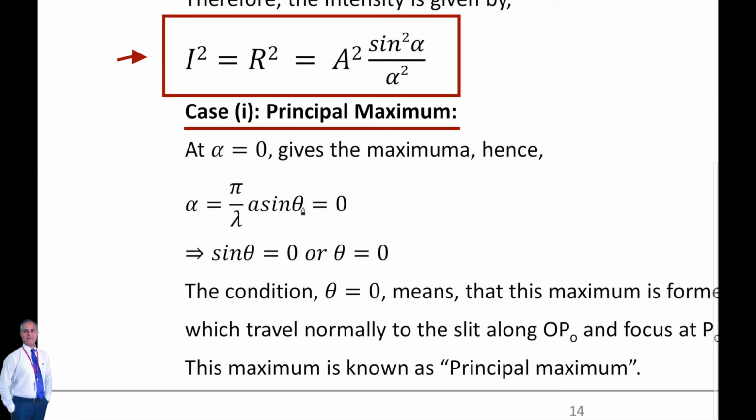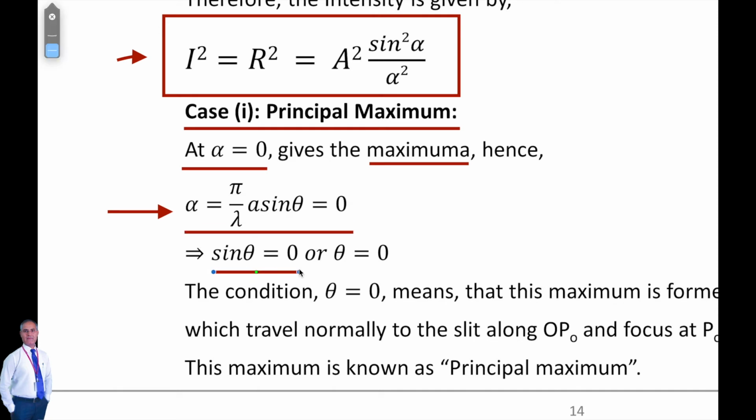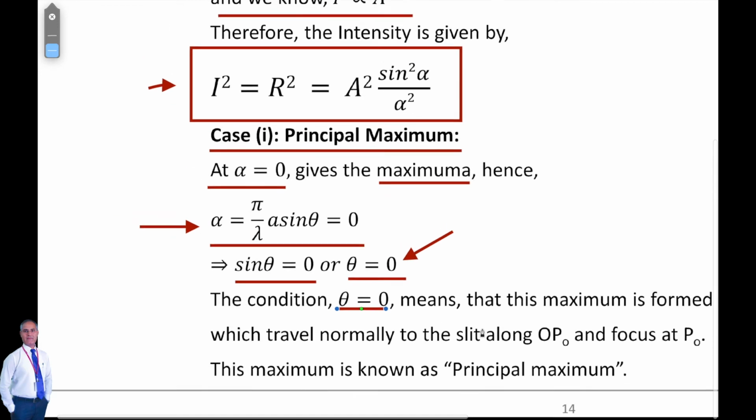In the first case, at alpha is equal to 0, where we are getting the maximum intensity, alpha is equal to pi by lambda into a sine of theta, that is equal to 0. Therefore, sine of theta is equal to 0 because theta is equal to 0. So at theta equal to 0, we are getting the maximum intensity because diffraction angle is 0. Therefore, point P0 is called a principal maximum.